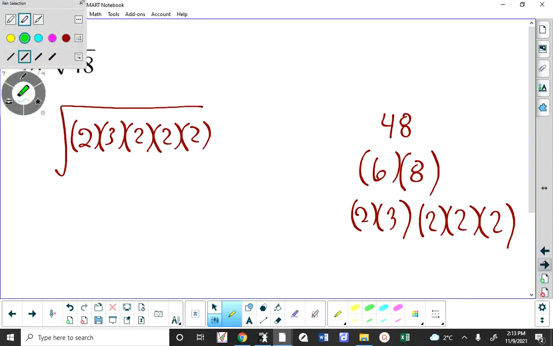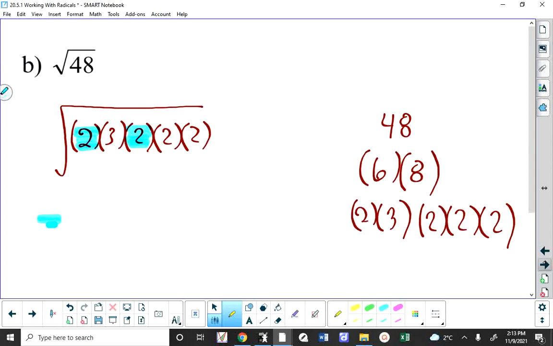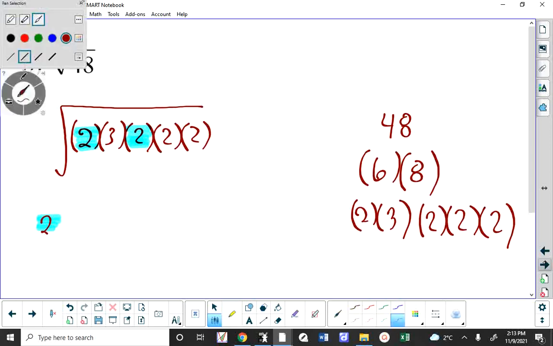So that means I'm going to peel out of this radicand anything that is in a pair. So there's a pair here of 2's. In my next step, I'm going to write a single 2 outside of the radical. There is also, however, a pair of 2's here.